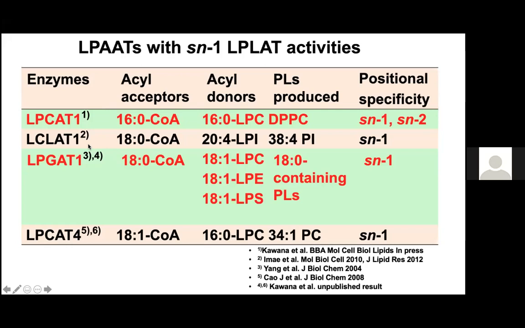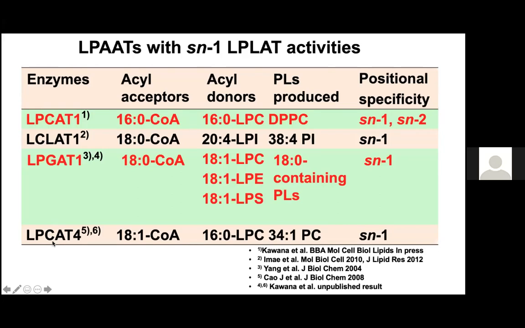LPLAT incorporates stearic acid and contributes to the formation of specific PI species, in addition to cardiolipin molecule. LPGAT1 incorporates stearic acid at the SN1 position and contributes to stearic acid-containing glycerophospholipid.